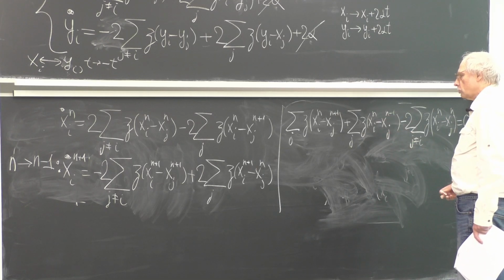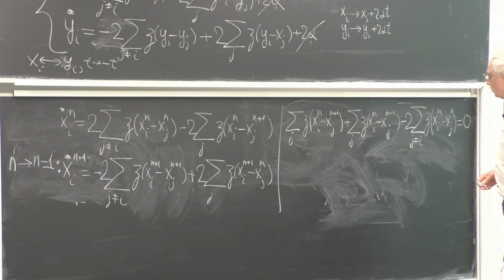So this is the equation of motion in discrete time for the time discretization of the Calogero-Moser model.